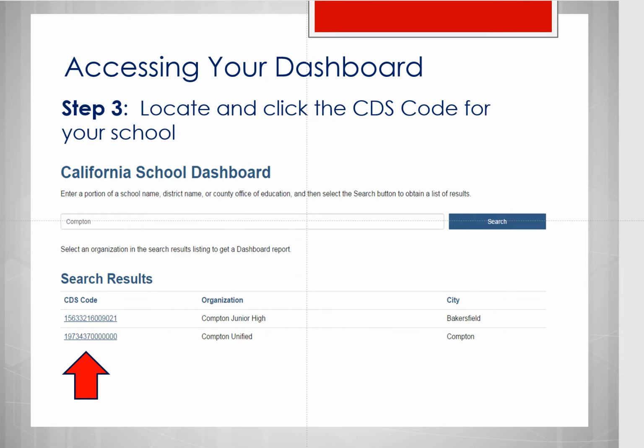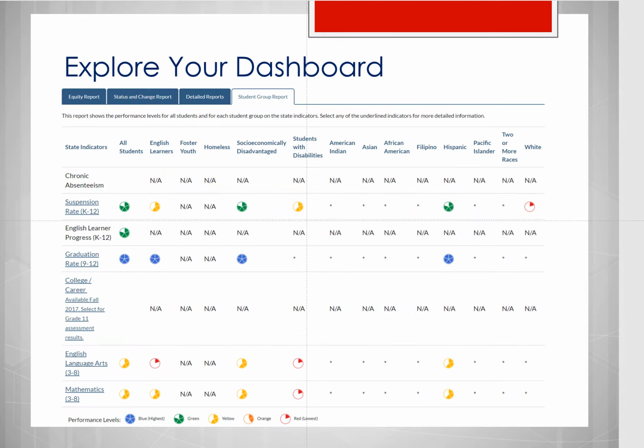Next, you'll make sure you're choosing the correct LEA, because there are also schools on the dashboard. I highlighted Compton simply because we know there's a Compton Unified and there's also a Compton Junior High located in Bakersfield. Make sure you're looking at the correct dashboard. From there, you're able to see this type of information. This is where all those 5 colors start to show up.